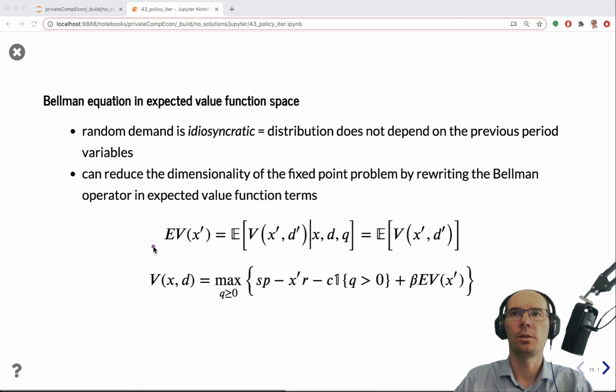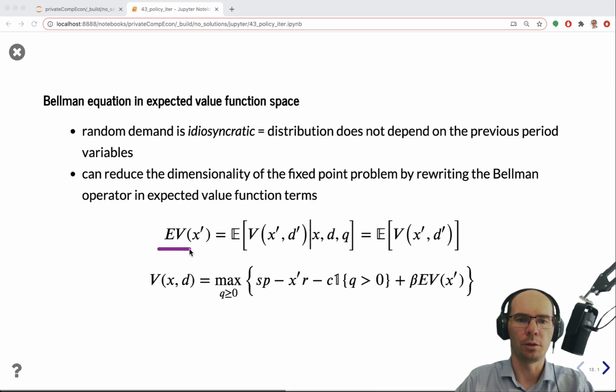So when we solve it numerically, the expected value is going to be defined on a single grid of x's, whereas the value function will have to live on a matrix. For all x's and for all d's, we have to have an expected value, and finding the fixed point is of course much simpler if you have a lower dimensional problem. So that's the reason for converting the problem into the expected value space.